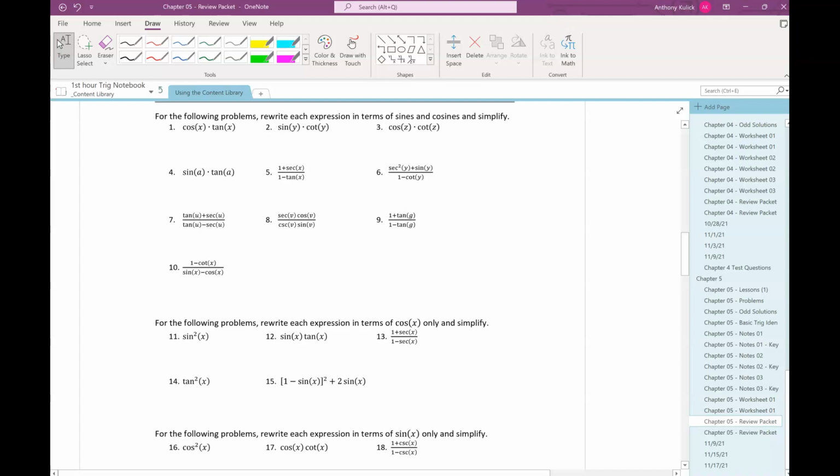Figure out, did I make an algebra mistake here? Is there another identity I should be using? These are all things you have to figure out by trying and doing stuff. Are you cool with that plan? Do you get where I'm coming from?